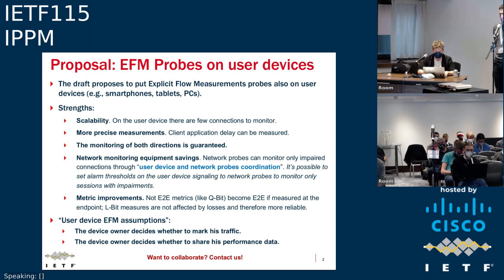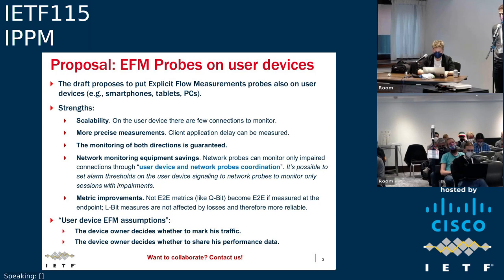Another big advantage is that we can save on network monitoring equipment, because there could be a sort of user device and network operations coordination. For example, it's possible to set alarm thresholds on a user device that signal to network operations which session has to be monitored, and network monitoring equipment can concentrate only on those sessions.